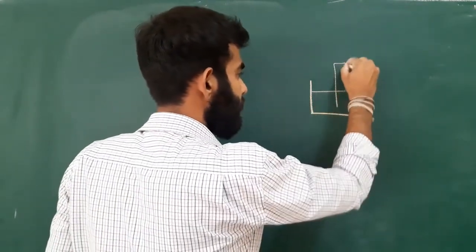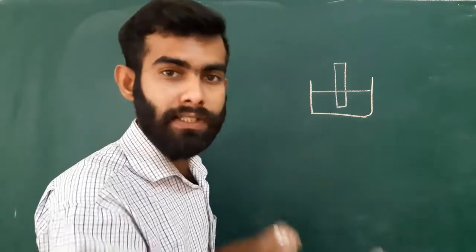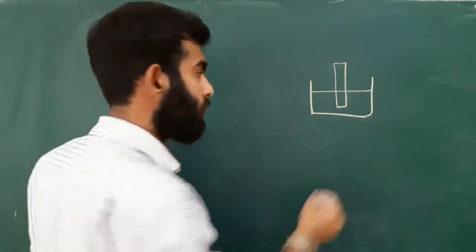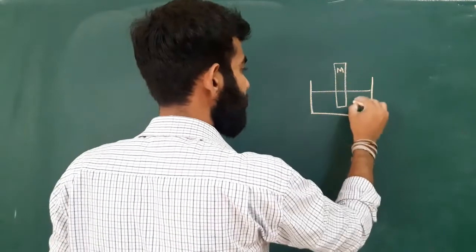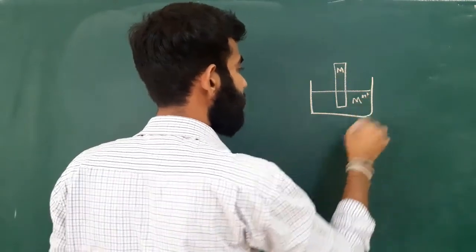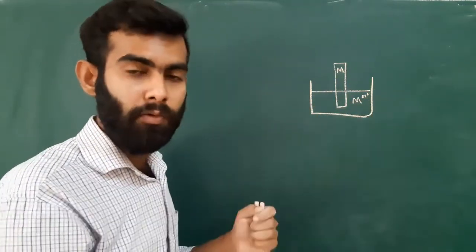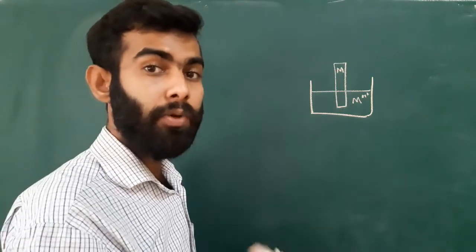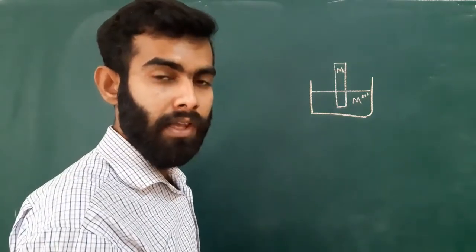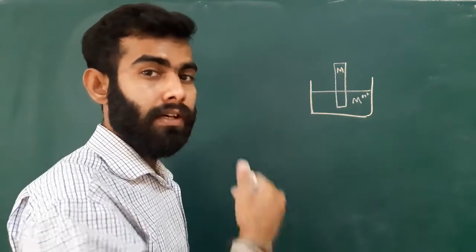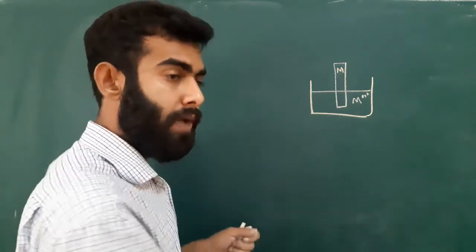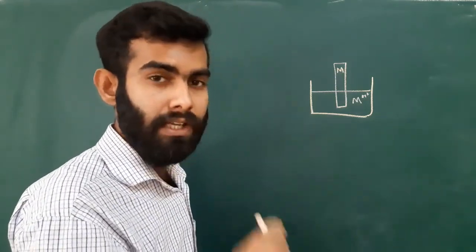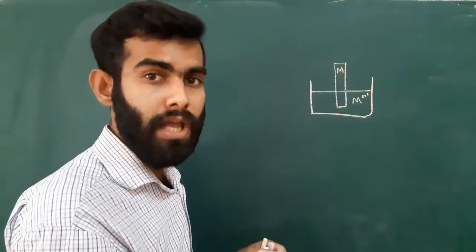A metal rod dipped in its own ion containing solution or electrolyte solution. Here M, here Mn plus. There are two reactions, forward and backward. The backward reaction is the priority number 1 or favorable reaction. After some time, the rate of the forward reaction and backward reaction will be the same. It will reach an equilibrium.